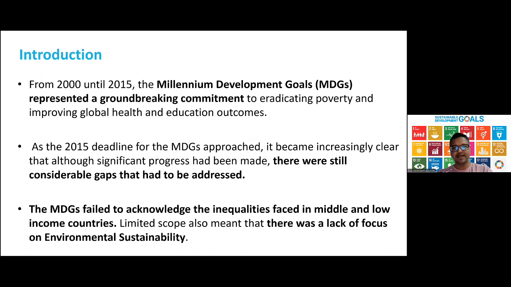So part of the background, as Petru was discussing, the Millennium Development Goals from 2000 to 2015 represented a groundbreaking commitment. However, there were significant gaps that had to be addressed in the MDGs. In particular, the MDGs failed to acknowledge the inequalities faced in middle and low income countries.